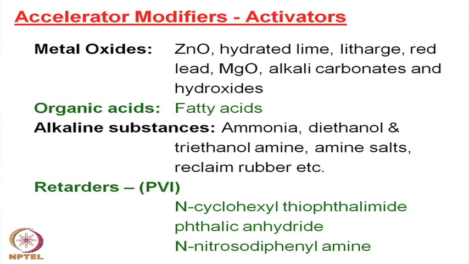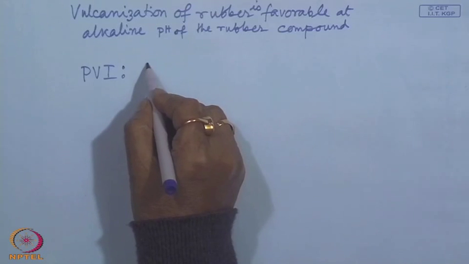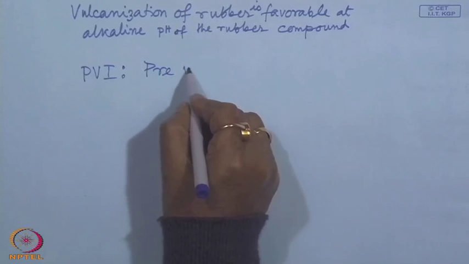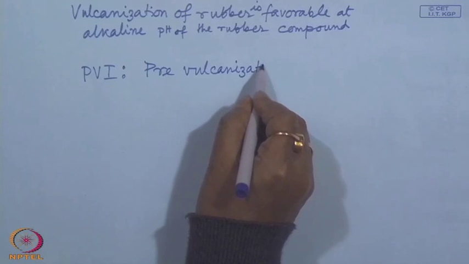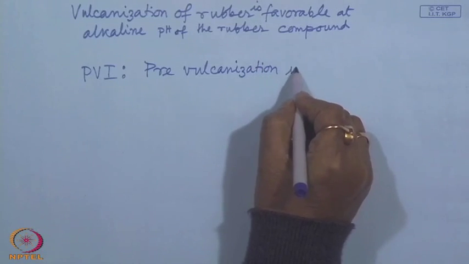Then there is another class of compound used in rubber products, which is known as retarders, or sometimes called PVI. Basically this PVI is pre-vulcanization inhibitor.